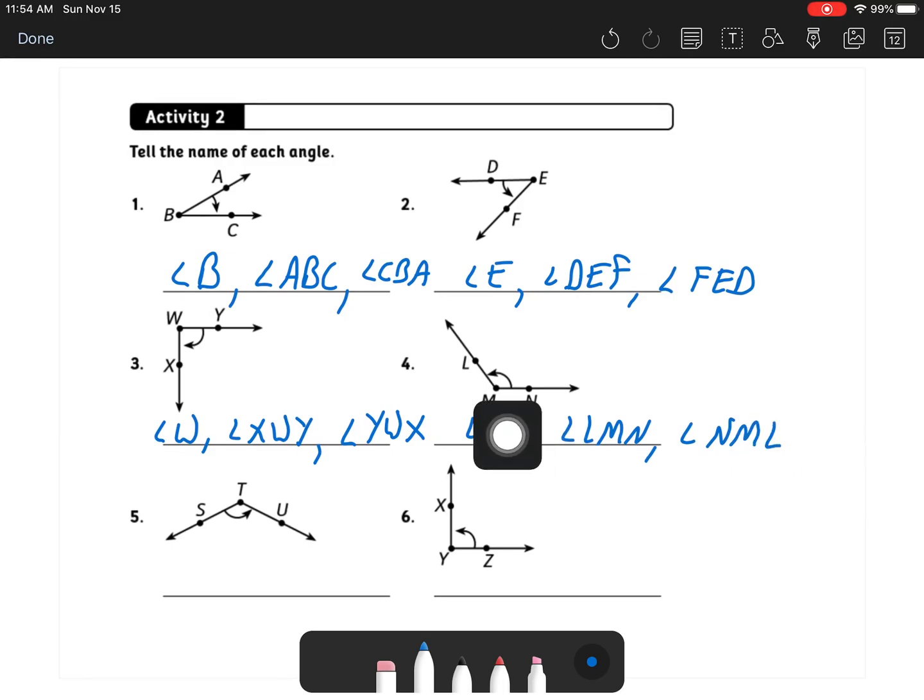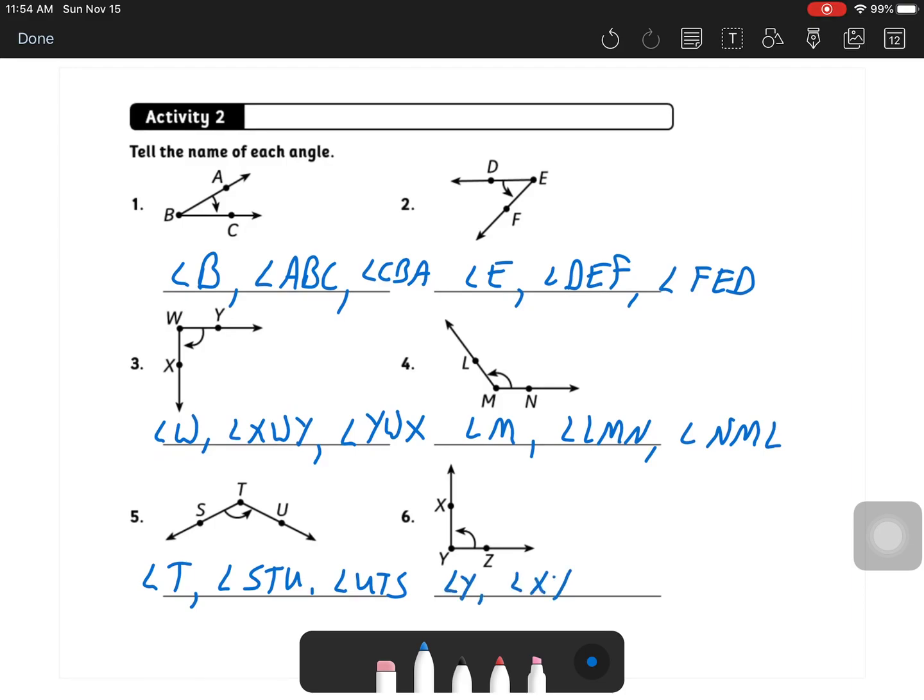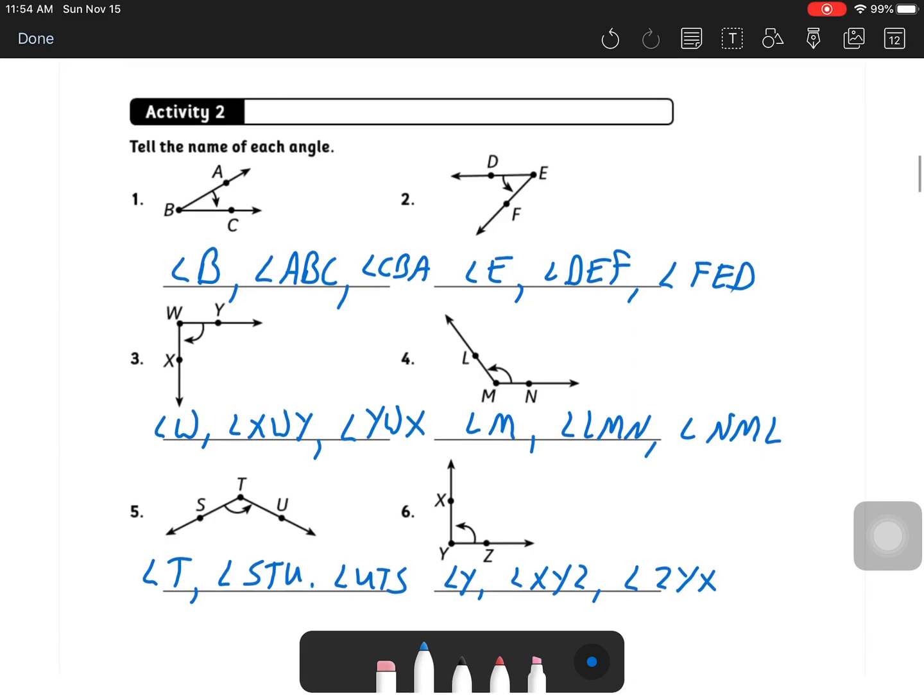Again, just notice that that vertex letter always has to be the middle letter when you use the 3-letter technique for naming angles. Number 5, we could do angle T. We could do angle STU, or we could do angle UTS. And number 6, we could do angle Y. We could do angle XYZ, or we could do angle ZYX. Okay, so those are the ways that we can name our angles.